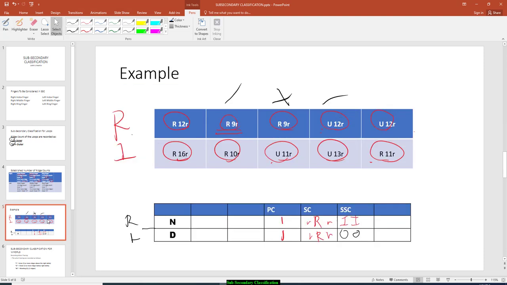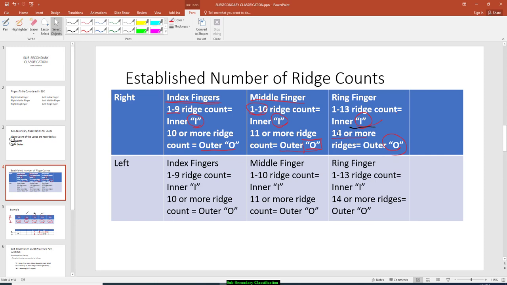So let us go back. It is 12 ridges, so it will be capital letter I. Okay, how about the left one? We have 13 ridges. Let us go back to the bracket. 14 or more.